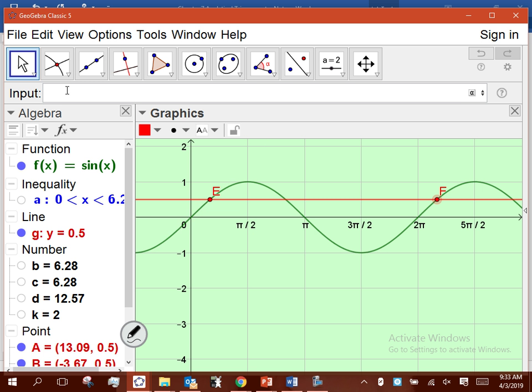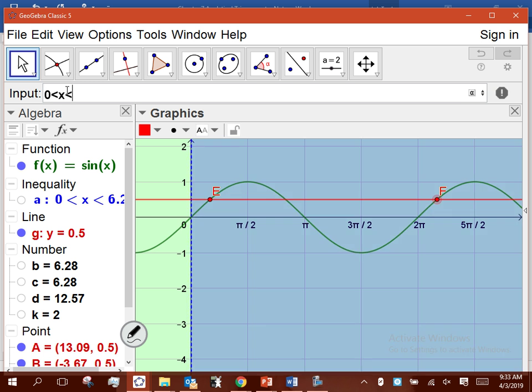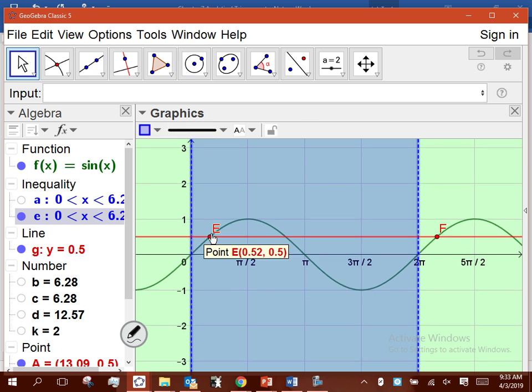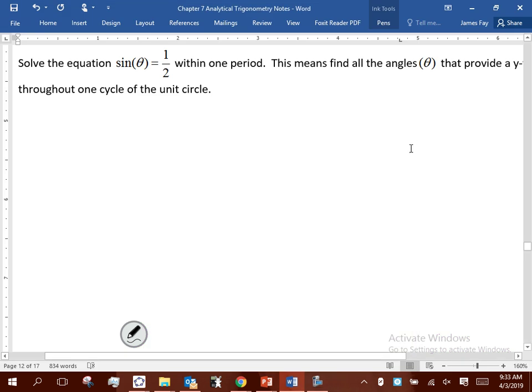If I want extra solutions that are outside 0 to 2 pi, what do I need to do to E's x coordinate to get F's x coordinate? Add 2 pi. Okay? So, when we looked at our solutions here, we found out that theta was pi over 6, and from the unit circle, also 5 pi over 6.